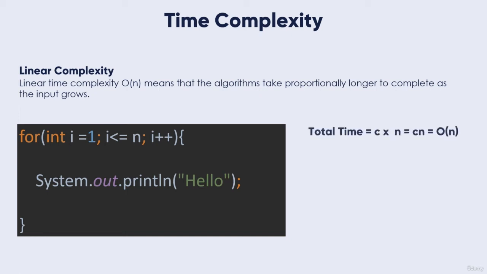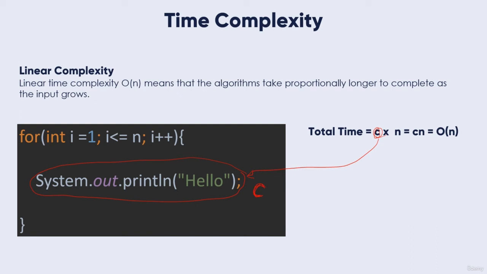In terms of coding and time complexity, the total time for this loop is C times n. C corresponds to the system.out.print, this line of code. As I told you, system.out.print has a value C because it is a constant time.